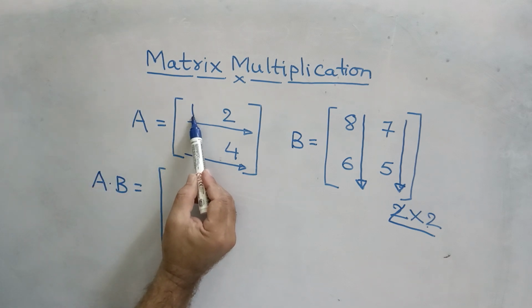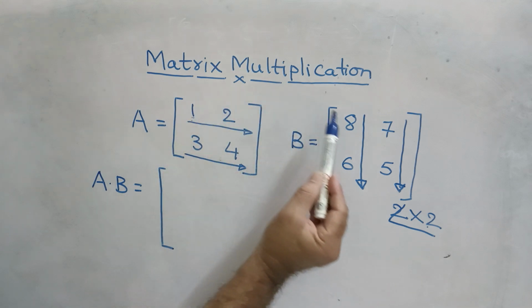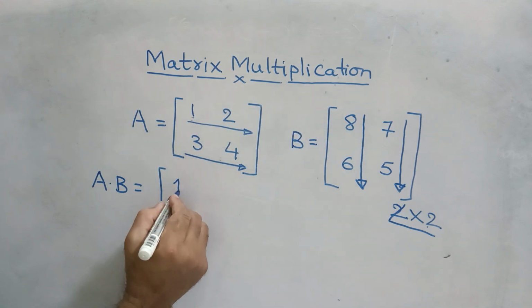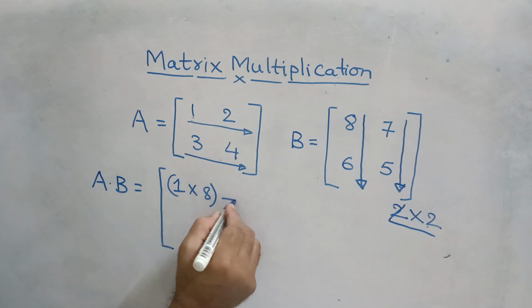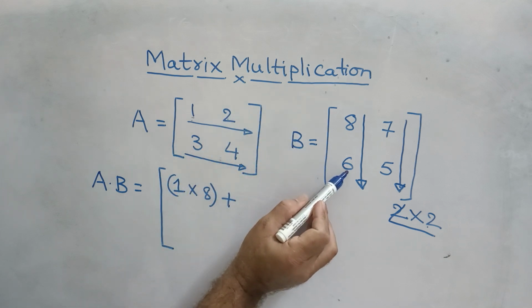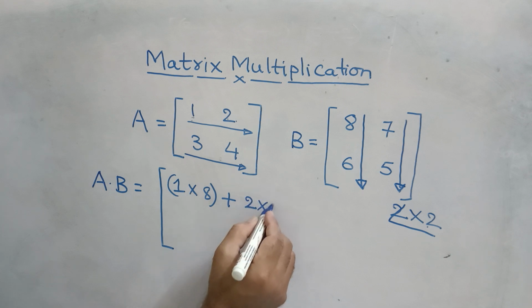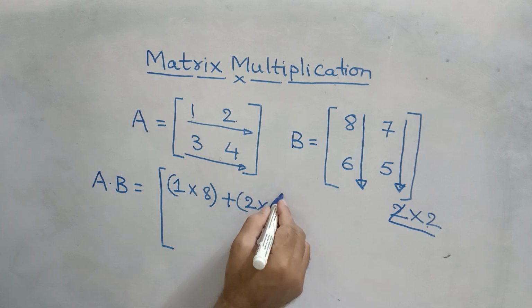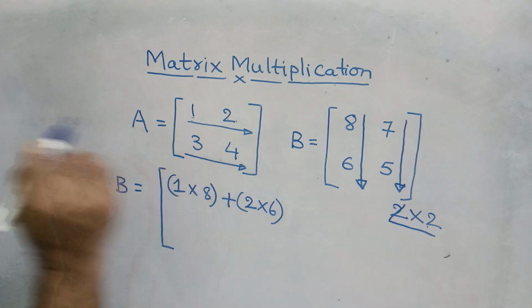The first element of the first row of A, 1, must be multiplied with 8. 1 into 8 plus the second element must be multiplied with the second element of the first column, 2 into 6. That's it. This is our first element. Don't put any bracket. You can keep it like this.